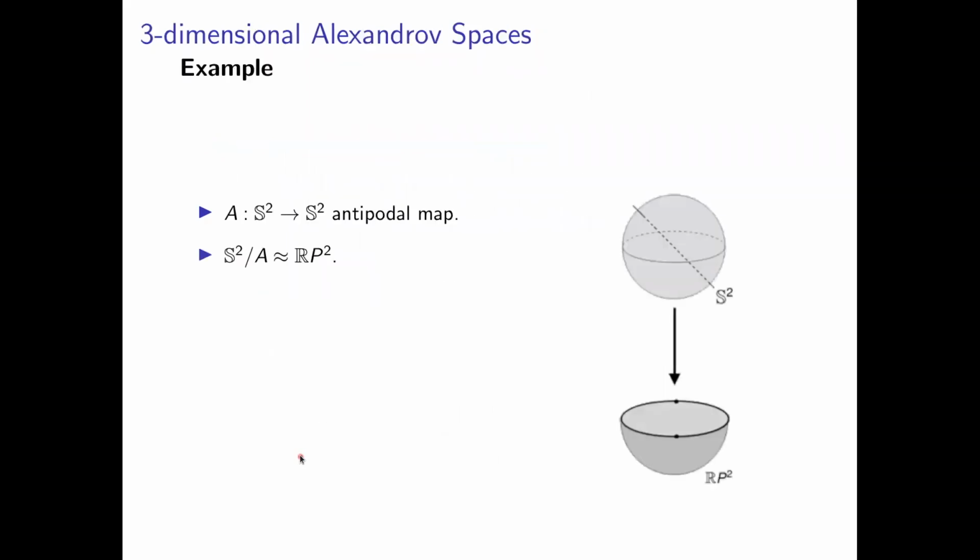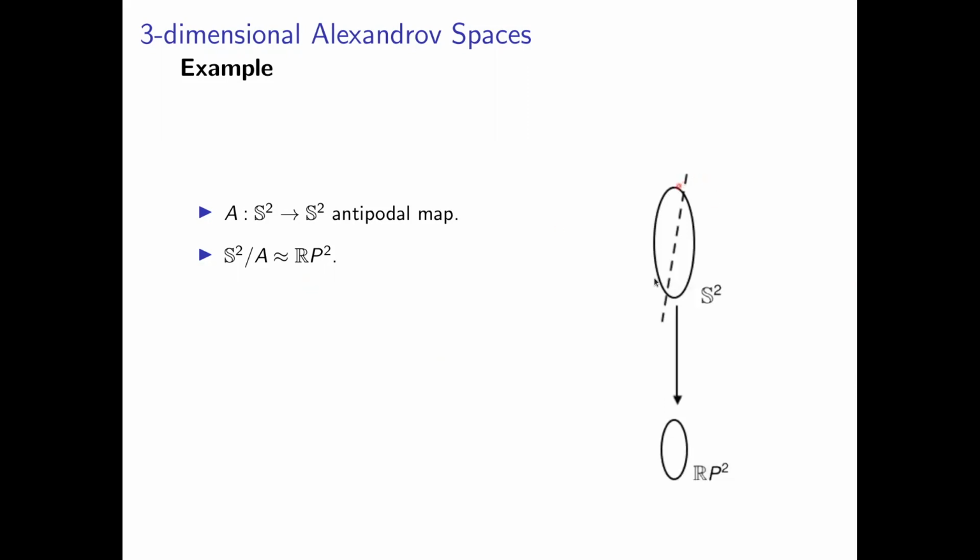So what is an example? Probably the simplest example you can think of of a non-manifold Alexandrov space in dimension 3 is the following. You take the round S2, and you take the antipodal map: you take this point, map it to this point, and then you take the quotient and get the real projective space, the round RP2.